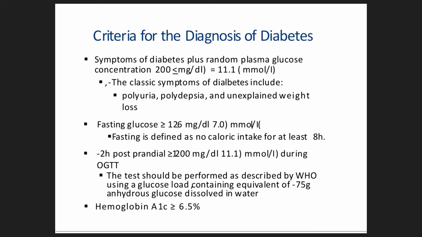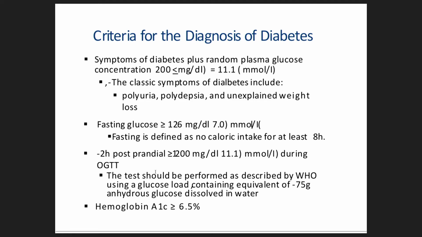So 126, when we divide it by 18, it becomes 7 millimole. So fasting glucose equal or more than 126 milligram per deciliter, or 2 hours postprandial more than 200 milligram per deciliter, which is equal to 11.1 millimole.